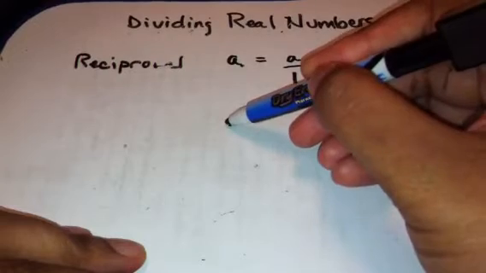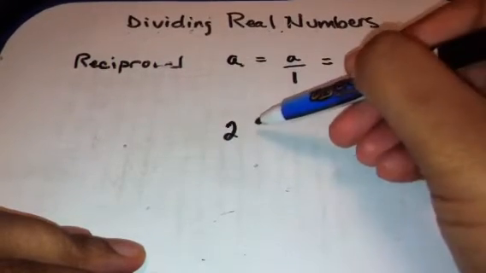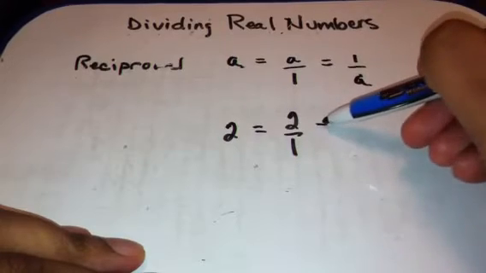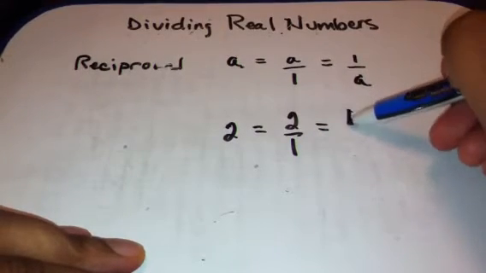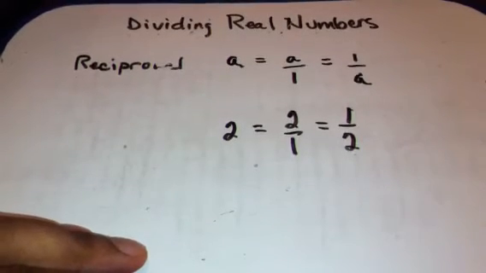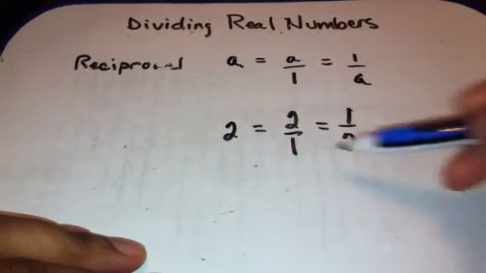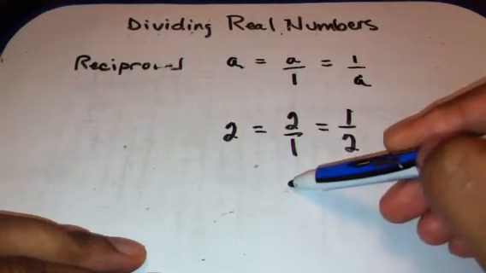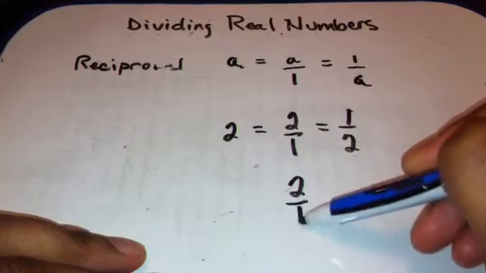For example, let's take 2. 2 is 2 over 1. The reciprocal is 1/2. Well, how do you know that? You start by multiplying 2 over 1 times 1/2.